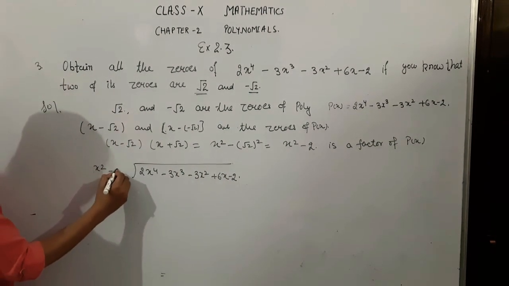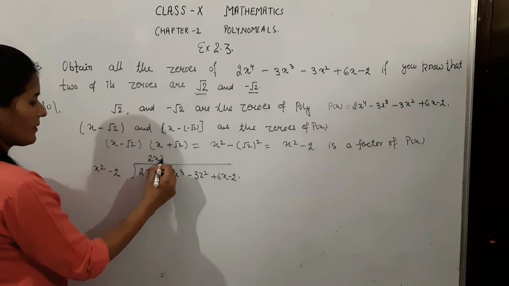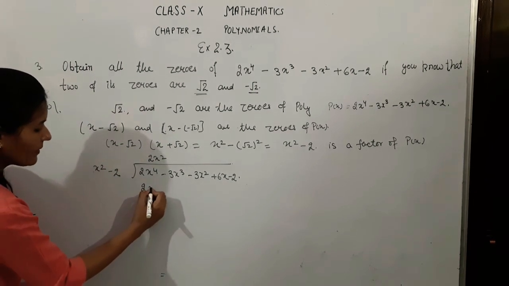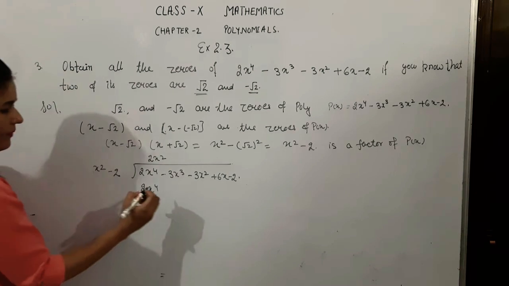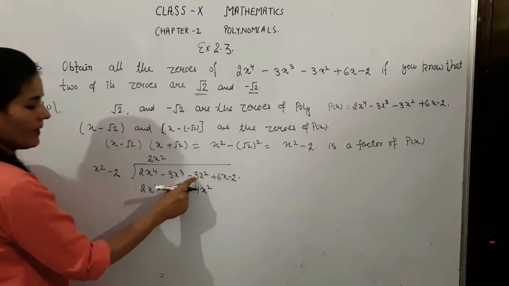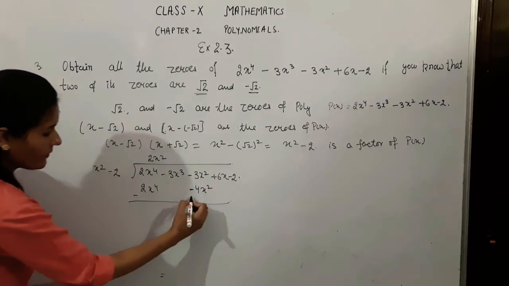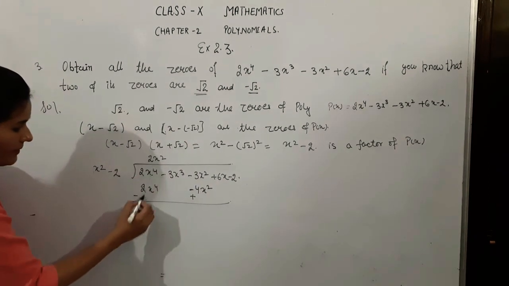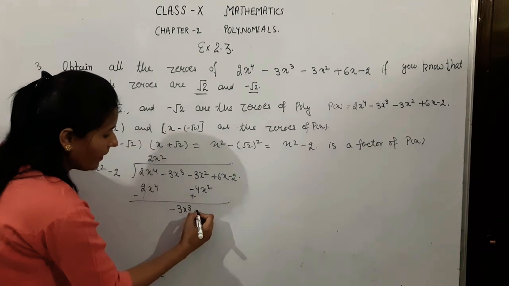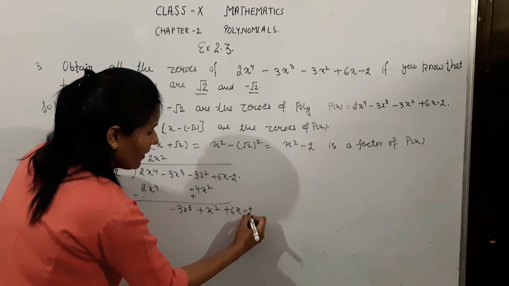Divisor x square minus 2. First it will go for 2x square. 2x square is to be multiplied by this and you will be getting 2x4 minus 4x square. Minus 4x square you will write under 3x square. Do the subtractions or change the signs. Minus 3x cube and here it becomes plus x square. 6x down and minus 2 down.